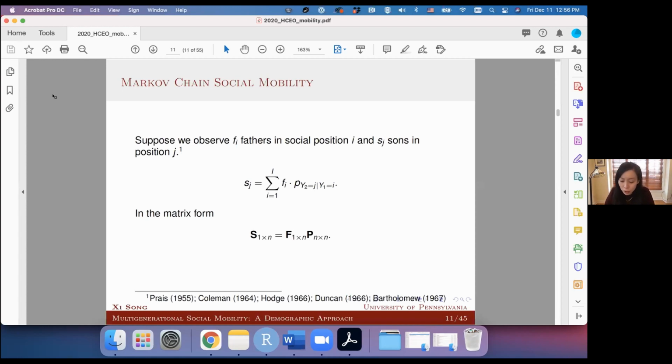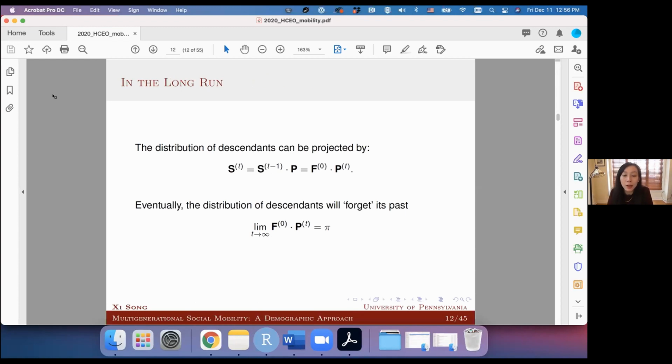So this is a traditional way when we ignore the demographic component. For today, I'm going to show you how we can expand it. But overall, we know that in the long run the Markov chain will converge to its equilibrium, and it's completely governed by this transition matrix.